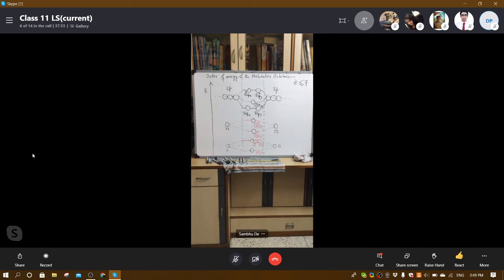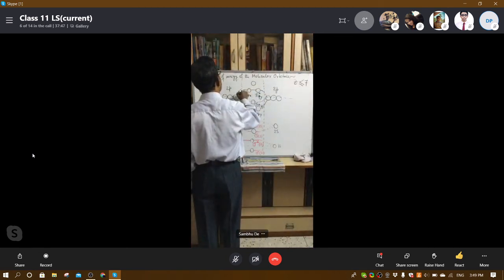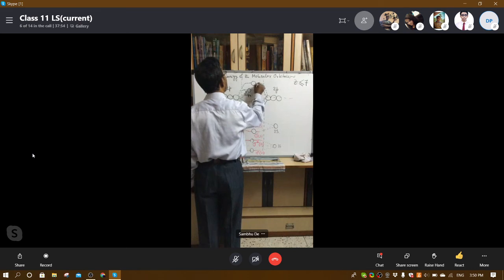That's why I'm writing star. Star is always for the anti-bonding orbitals. And there will be one more direct overlap, sigma star 2pz.